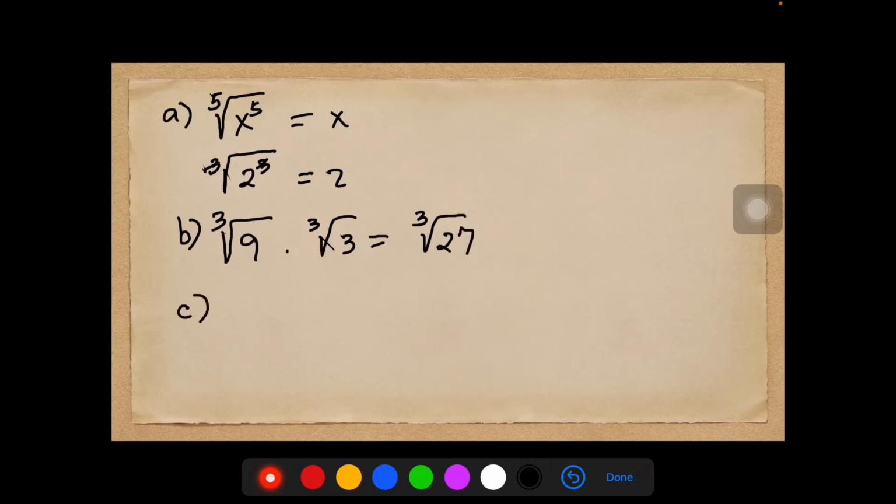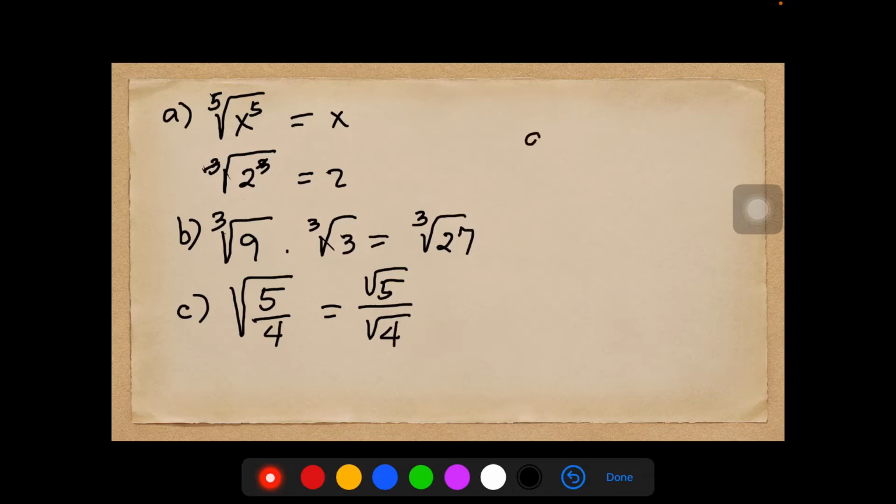For letter C, if you have the square root of 5 over 4, we can simply rewrite that as the square root of 5 over the square root of 4. Take note, we are just applying the laws of the radicals here. We are not yet simplifying the radicals.